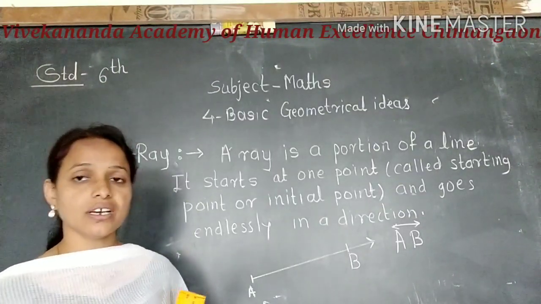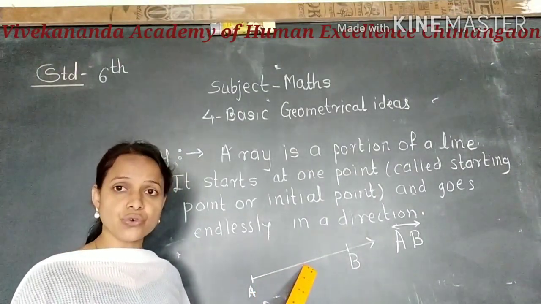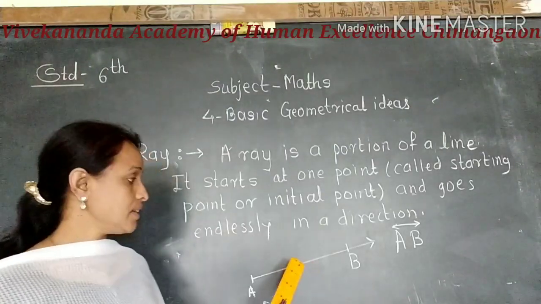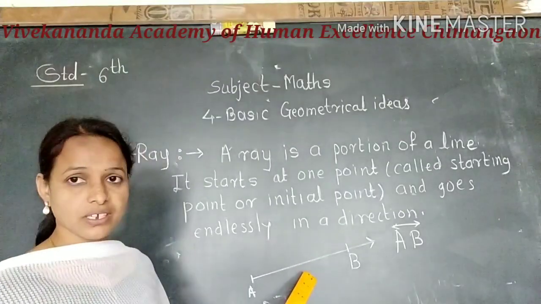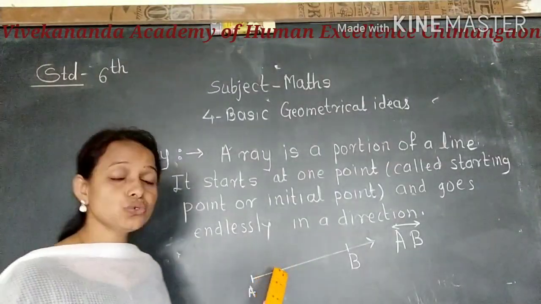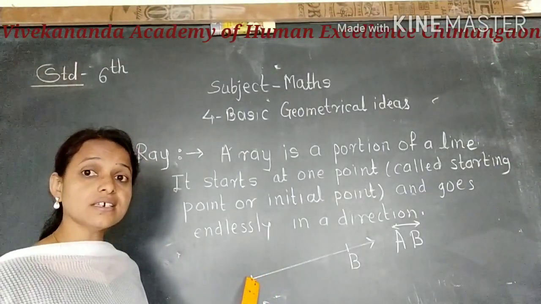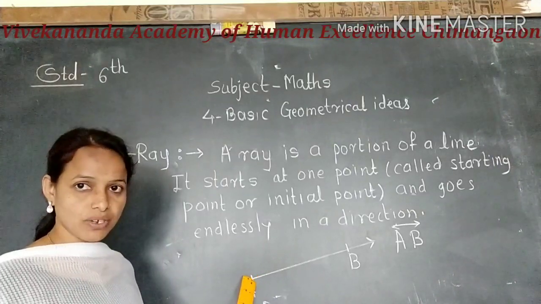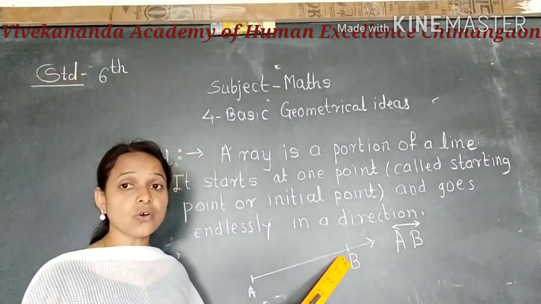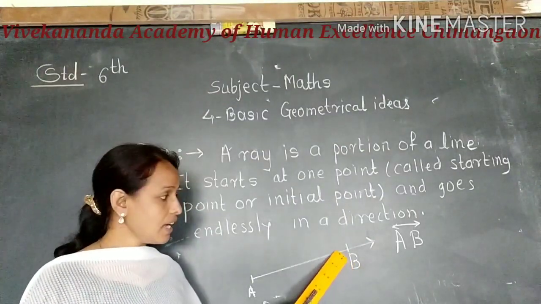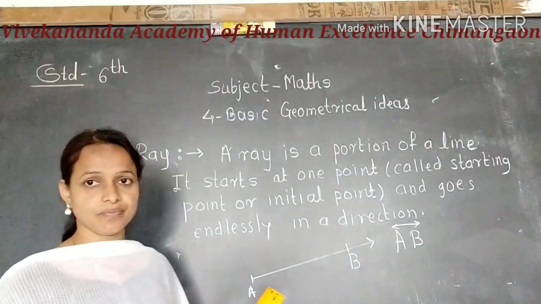Okay, look at the figure of a ray shown here. Here I have drawn a figure of a ray. See student, there are 2 points. Point A is the starting point or initial point. And another point P is on the path of the ray. And it can be extended endlessly in one direction.